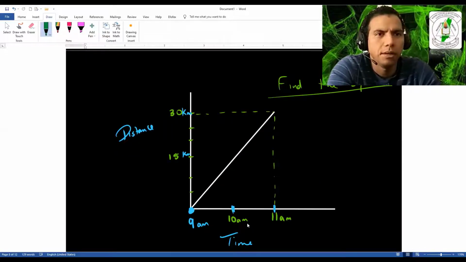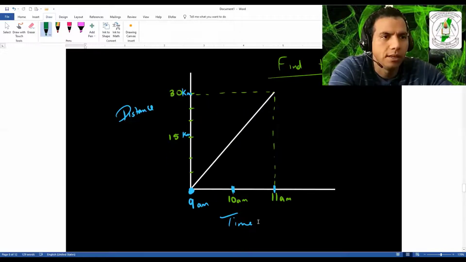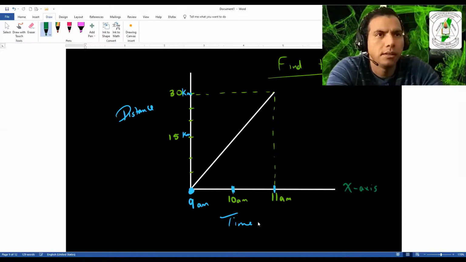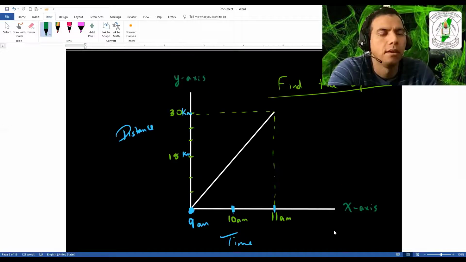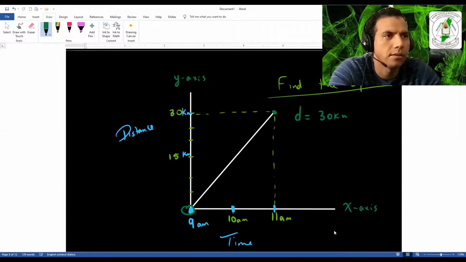Here we have a second scenario. In this diagram, we have a distance time graph once again. Time is always on the x-axis, and the distance is on the y-axis. Here we need to calculate the speed. First of all, the distance is from 0 all the way to the top here, which is 30 kilometers.